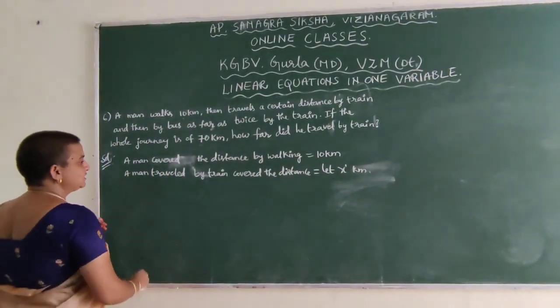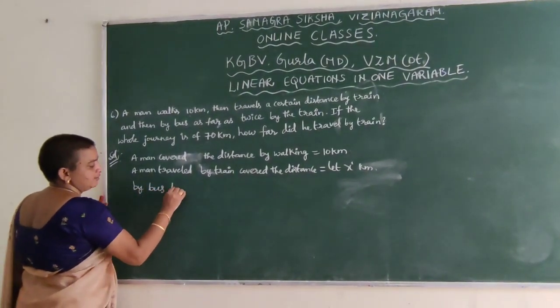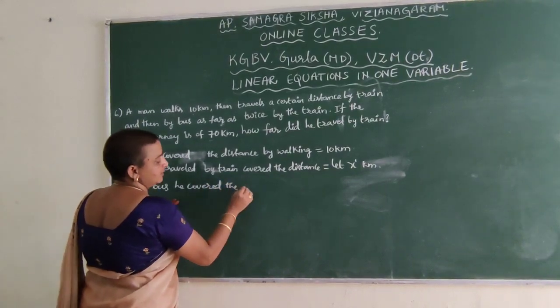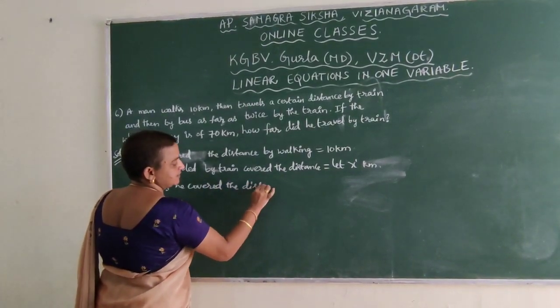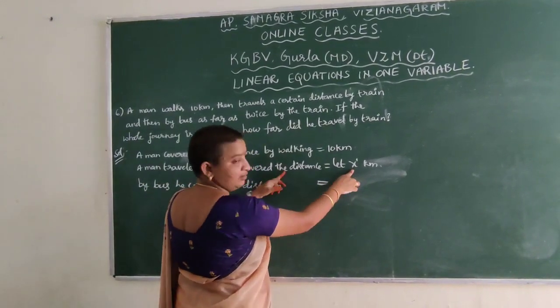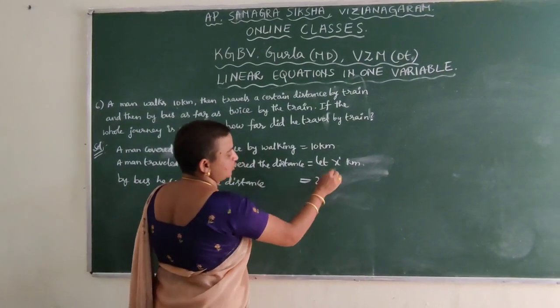By bus, he covered the distance equal to twice of the distance by train. So that means this is 2x.